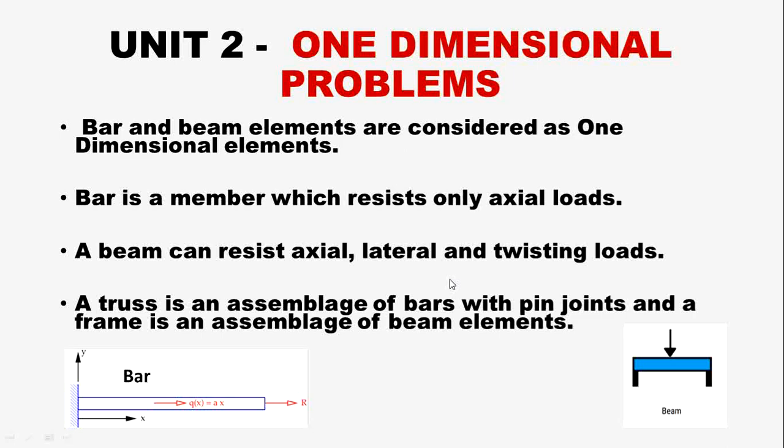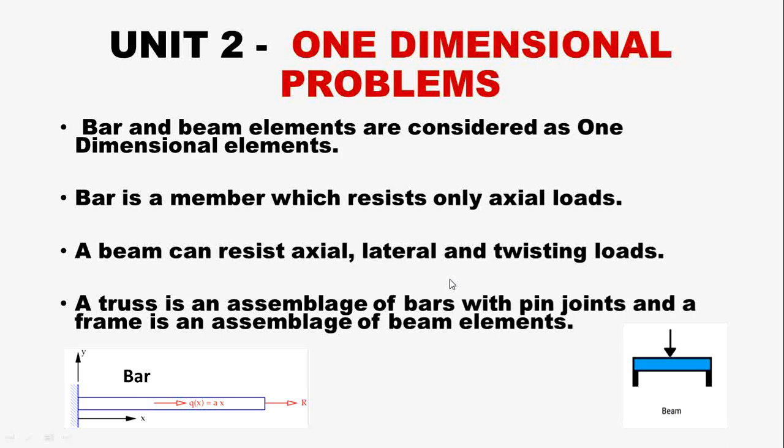We will use either a bar or a beam element to formulate. So what is a bar? A bar is a member which resists only axial load. A beam can resist axial, lateral, and twisting load.